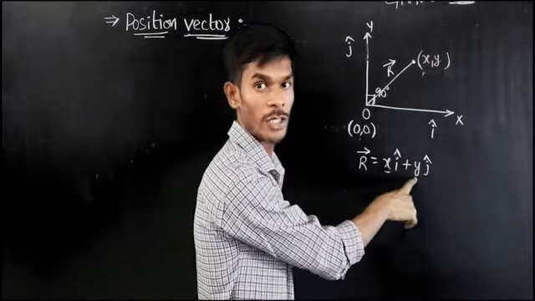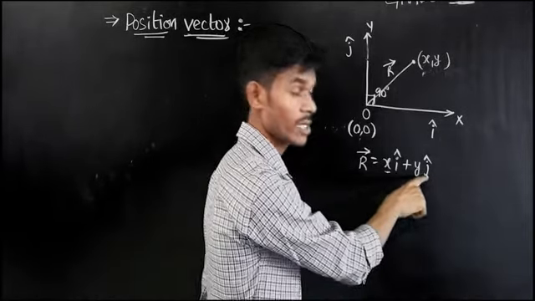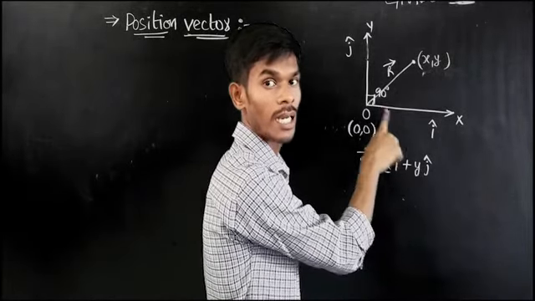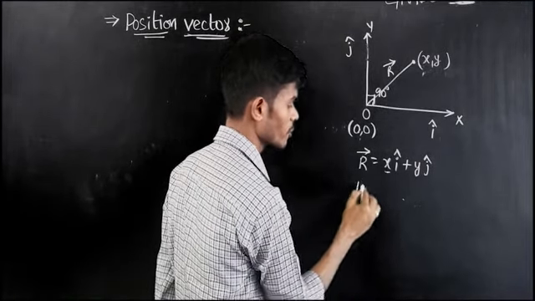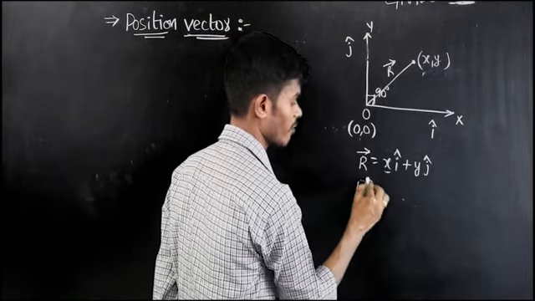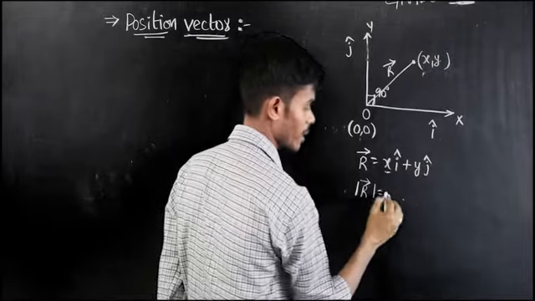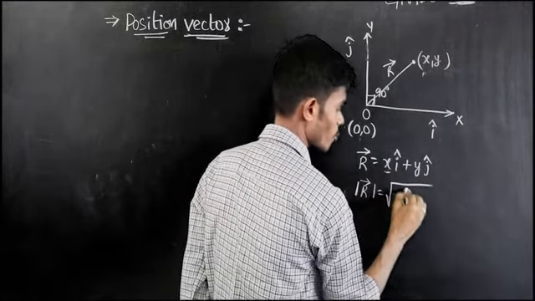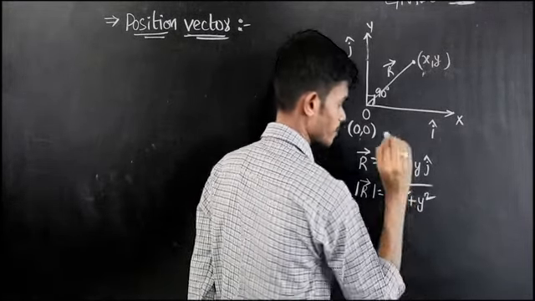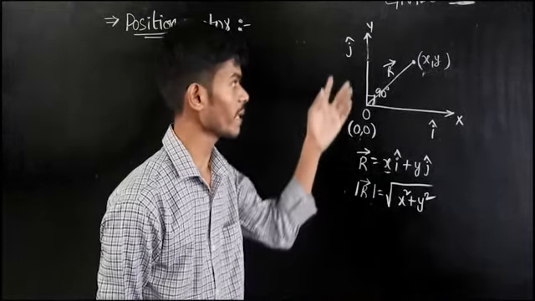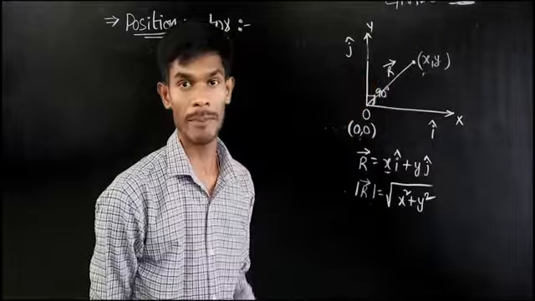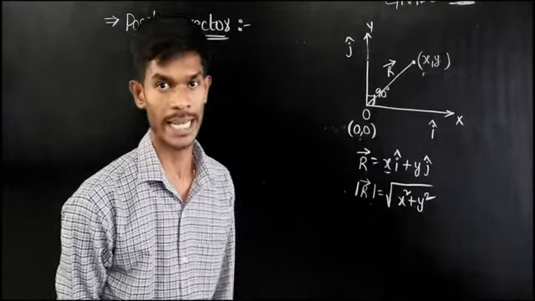Here y is the magnitude along the y-axis and j cap represents the direction along the y-axis. Then how can we find the magnitude of the r bar vector? The magnitude of r bar is given by root over x square plus y square. So this is the representation of a position vector in a two-dimensional plane, x-axis and y-axis.